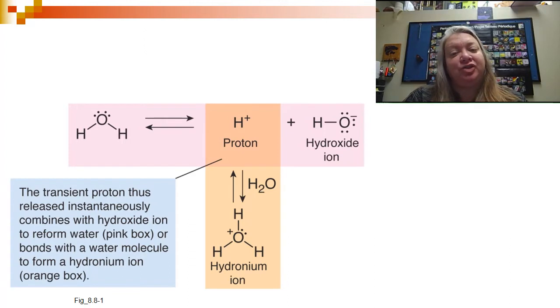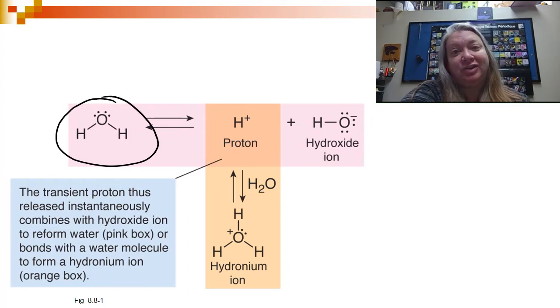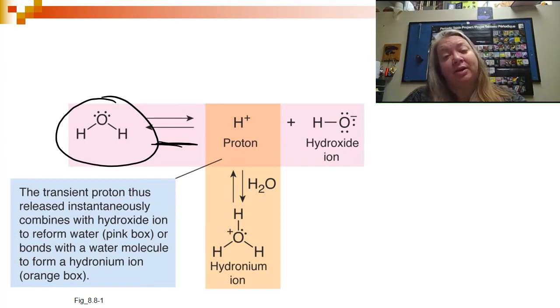So this one is just showing the Lewis structures of what's happening whenever that amphoteric water will break apart. So we start here with water. There's our H2O. We have our double arrow. The double arrow refers to the fact that this is a reversible reaction. We're going to make some of the product. Some of the products are going to come back and make some of the reactant.